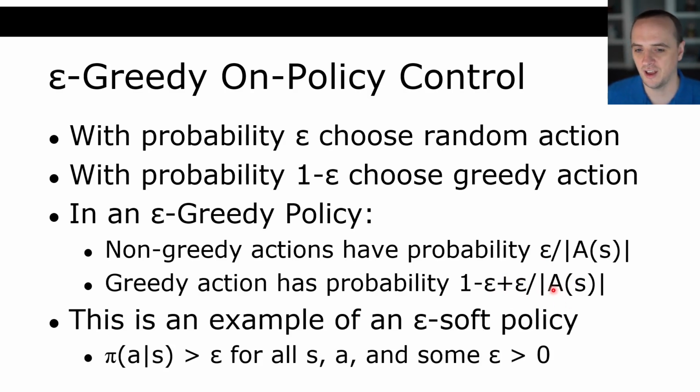So this is an example of an epsilon soft policy because the probability of choosing any action at any state is always greater than 0. It's greater than epsilon for some values, namely the greedy actions, and for some epsilon greater than 0, it has this probability of being chosen. And I'll show an example of this once we get into the algorithm, to show you that yes, there is a non-zero probability of choosing any action.